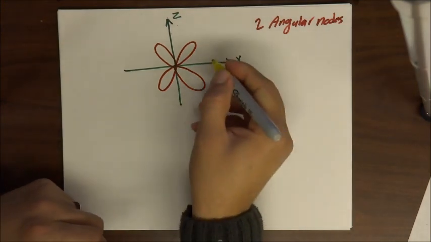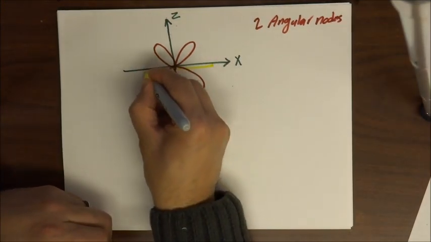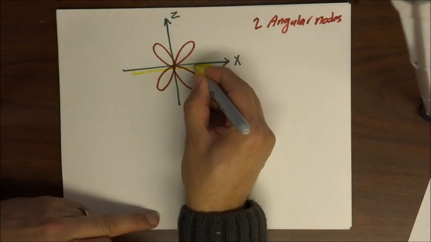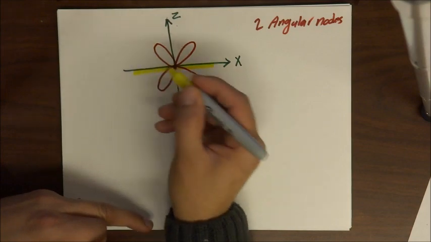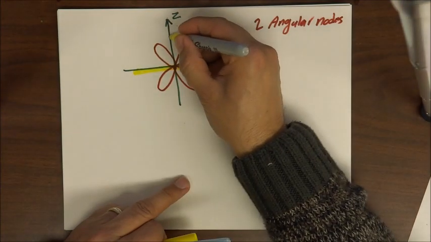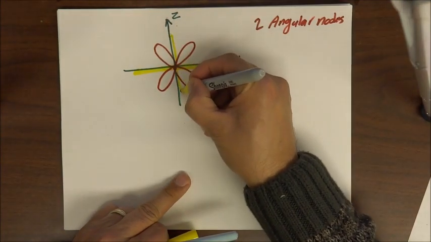One is going to be here. That's the first angular node, and the second will be there.